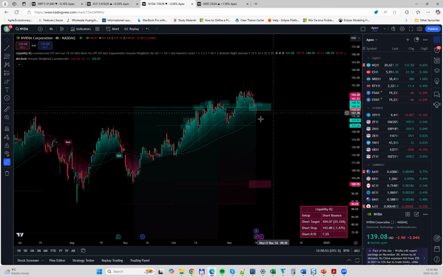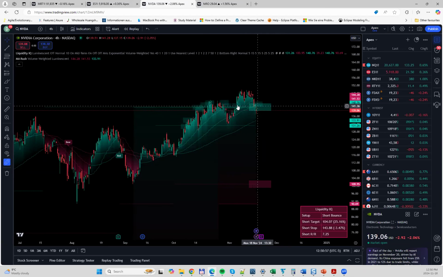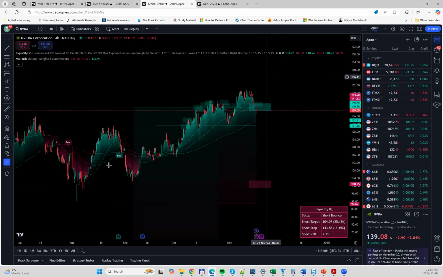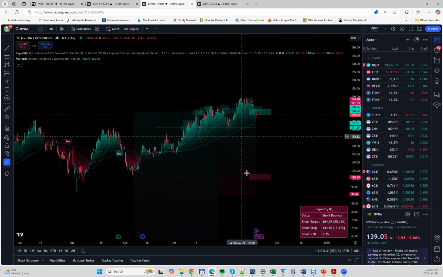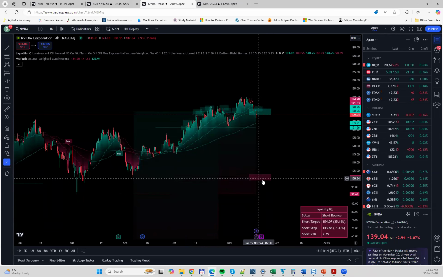So that could be a possibility too, because one thing I'm certain of, price will not stay in this congested area. We're going to see some clarity either to the upside, which is my personal bias, or to the downside. And if we see a down gap, I think the next logical target for NVIDIA, if they fail expectations, would be here around the 100 level, which also happens to be a psychological level.